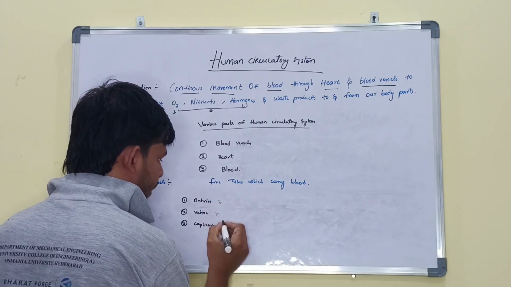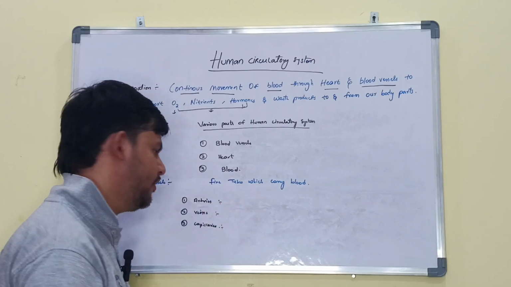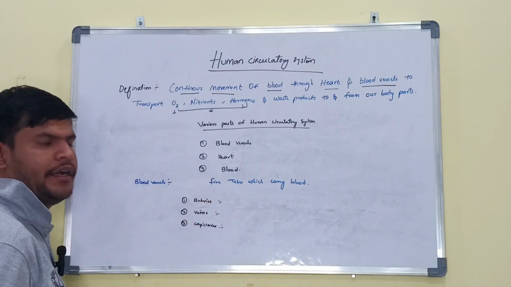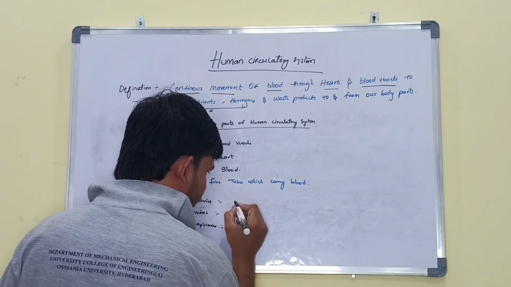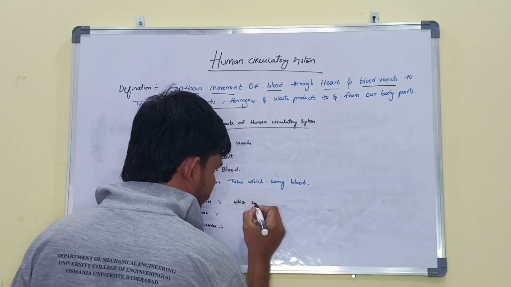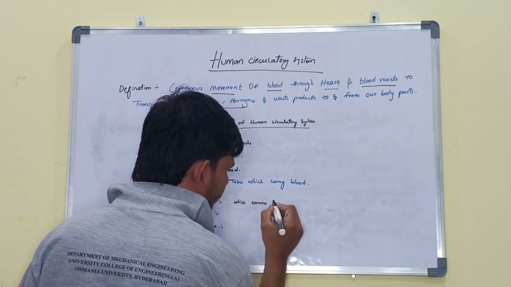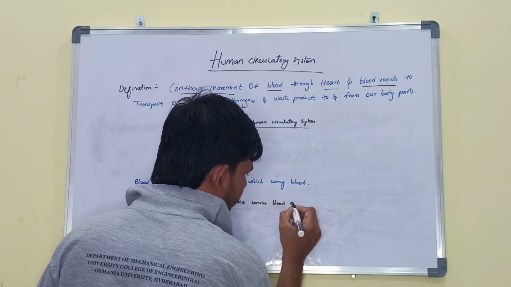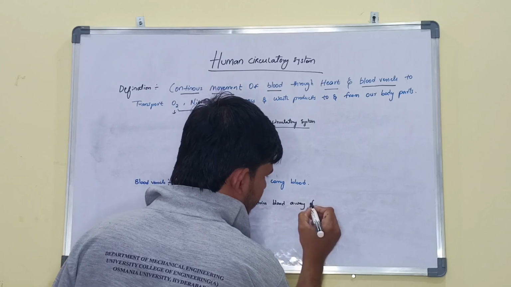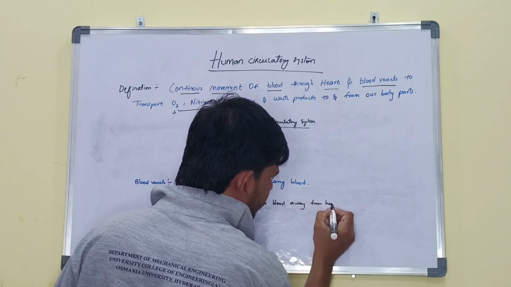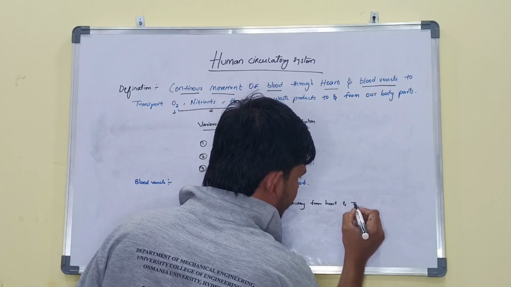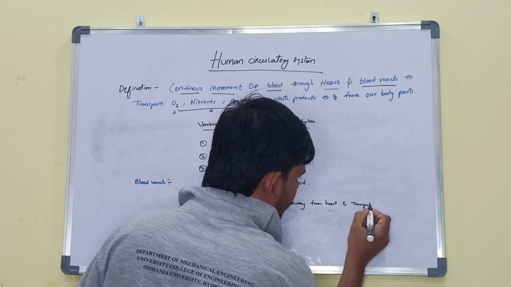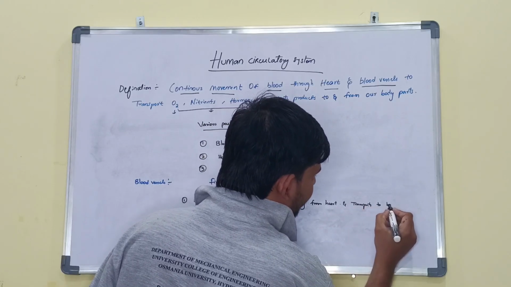Arteries, veins and capillaries. What do you mean by arteries? Which carries blood away from heart and transports to body parts.